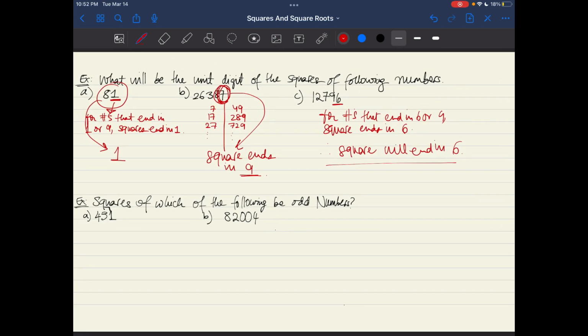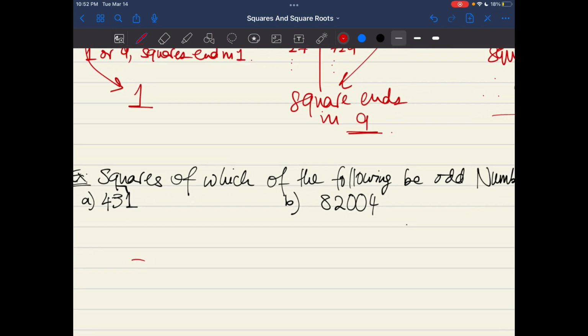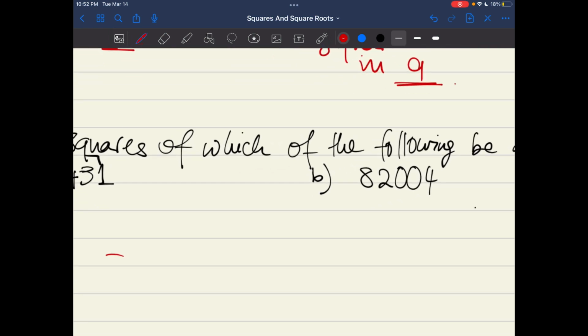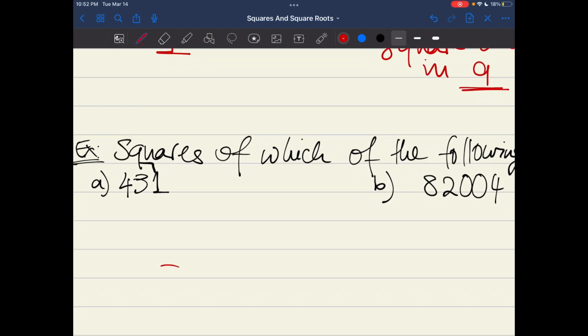Now let's move on to the next question. It says, squares of which of the following will be odd numbers? Okay, the first one that we have is 431, right? The number at the units place we see is 1, right?